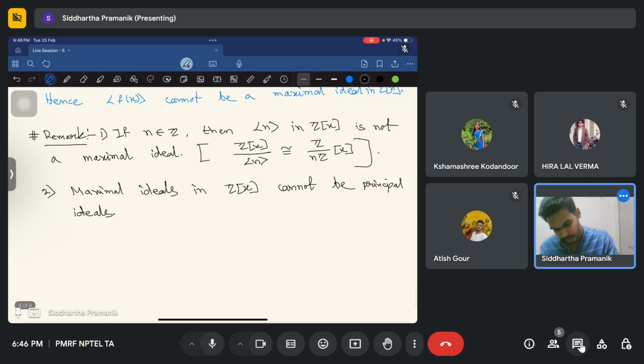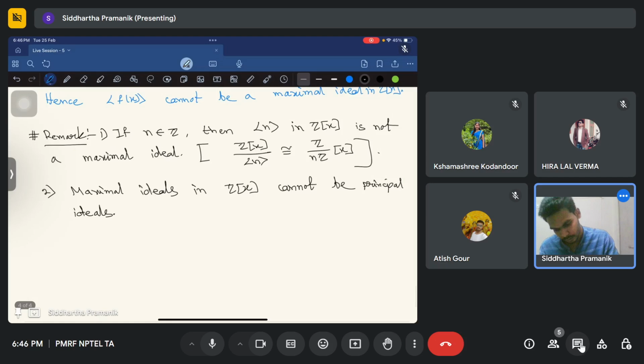Do you have any doubt? We can say something more. We have already mentioned that every prime ideal in Z[x] is generated by at most two elements, right?